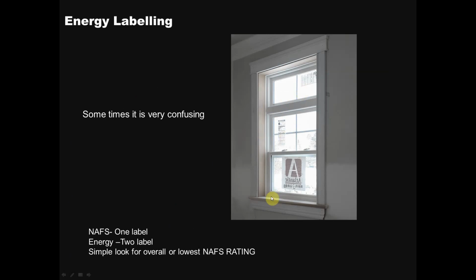Now this window here is a composite window, so they could have had just one label here, but the energy says you have to have a label here and you have to have a label there, which kind of makes you say, okay, what's going on here? Anyway, that's how that works. They probably could have put an energy label up here, and a NAFS label and a combination label type here, but they chose to do this. So sometimes it gets a bit confusing.